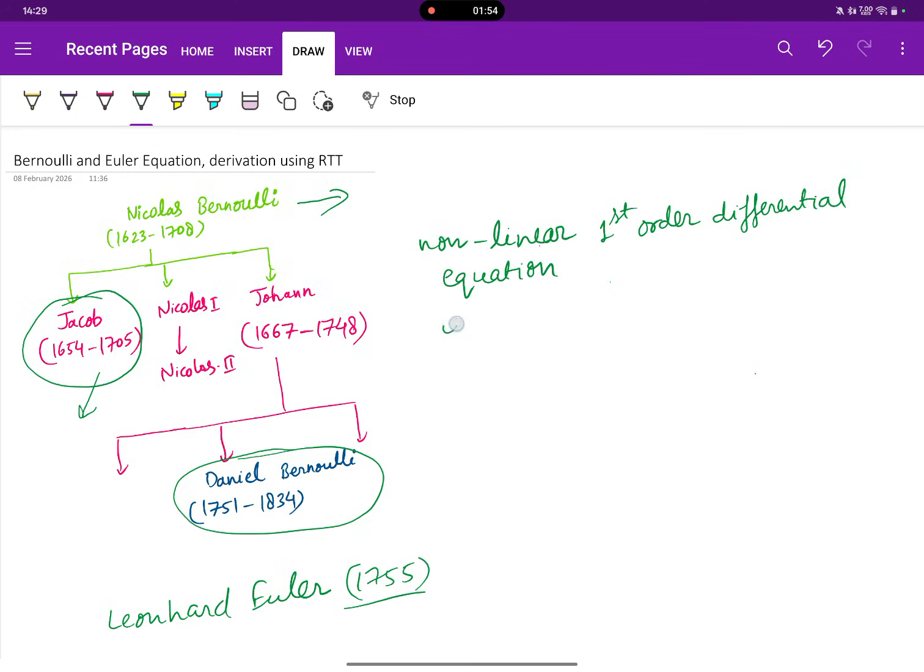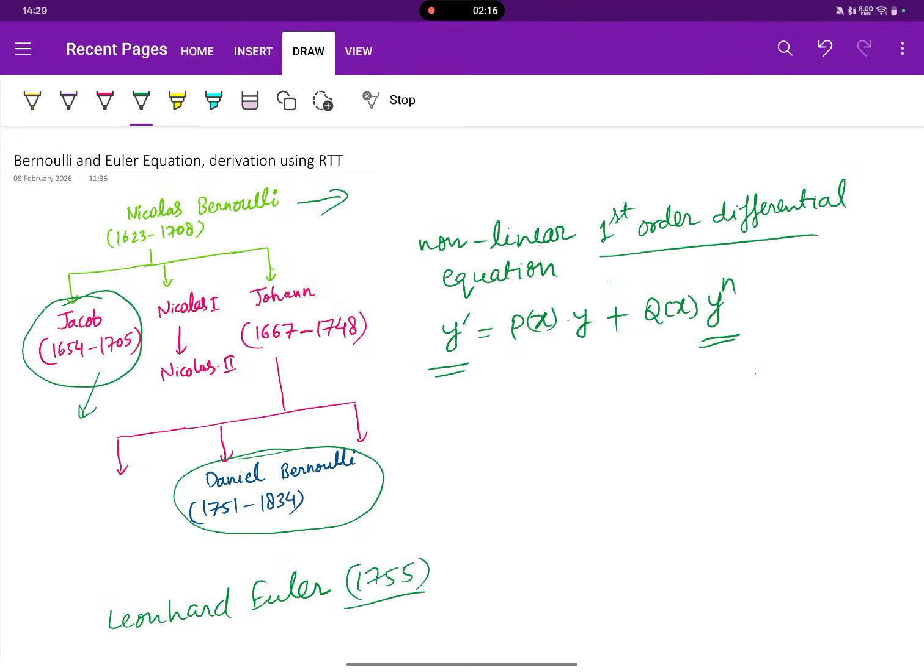So what is that equation? I'm just going to write it down. I'm not going to do anything related to that further. My focus is something else. This y prime or dy by dx is basically p(x) into y plus q(x) into y to the power n. So this part makes it nonlinear, and this is just first order.